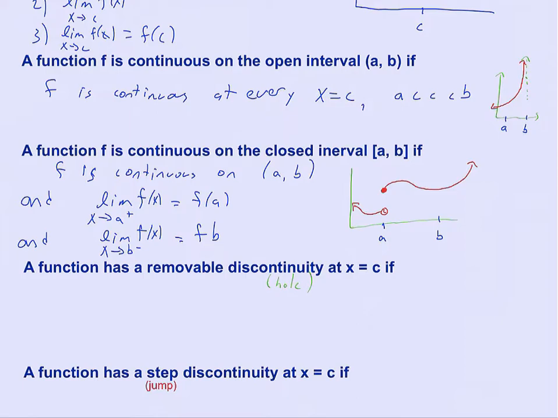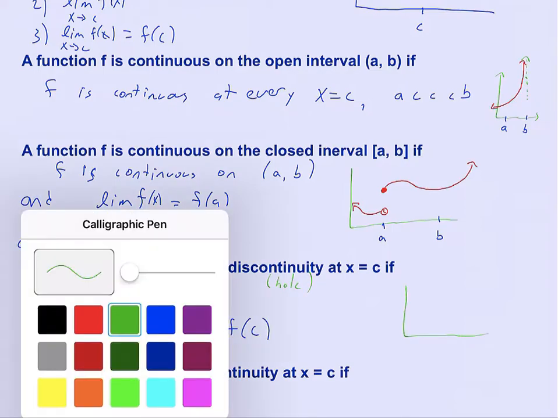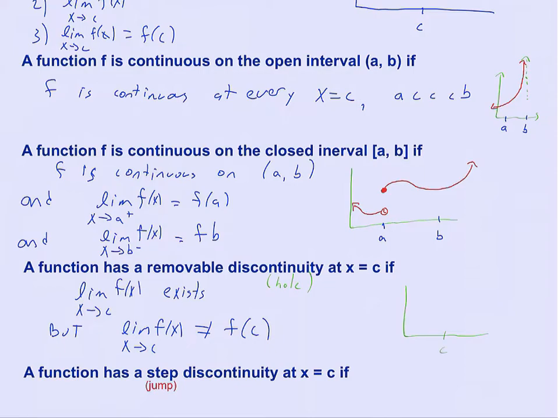The technical way we would say there's a removable discontinuity is if the limit of f of x as x approaches c exists, but the limit of f of x as x approaches c does not equal f of c, which could happen if, let's just put a point c there, so we've got the limit from both sides, the function is approaching the same thing, but there is no f of c there.